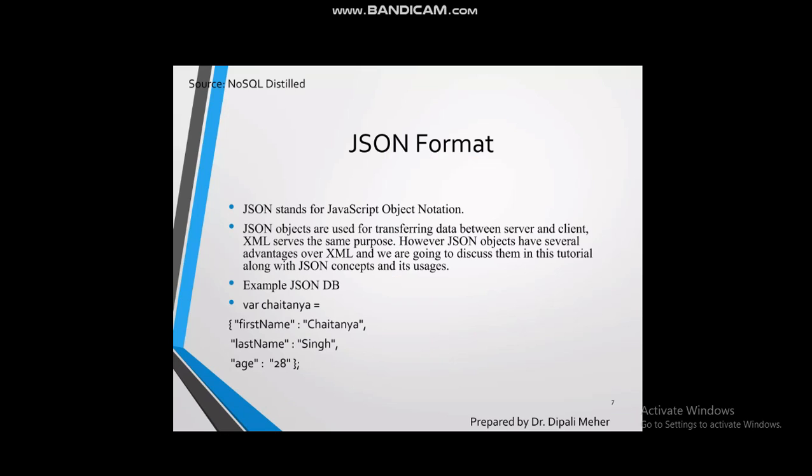However, JSON objects have several advantages over XML, and we are going to discuss them in this tutorial along with JSON concepts and its usage. Example: var Chaitanya equals first name Chaitanya, last name Singh, age 28.